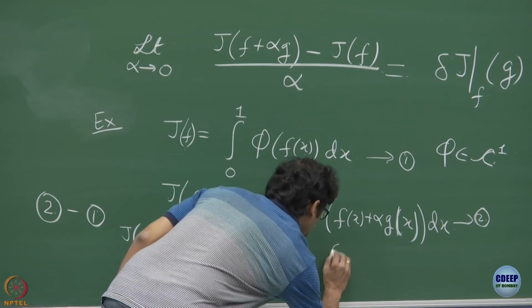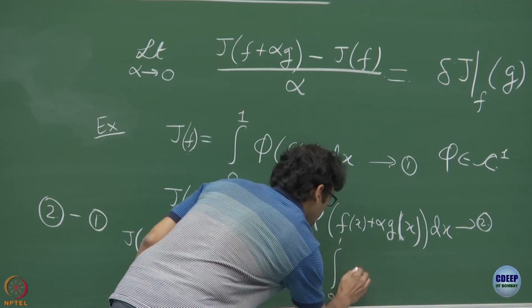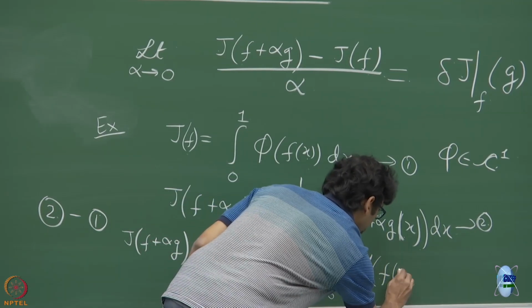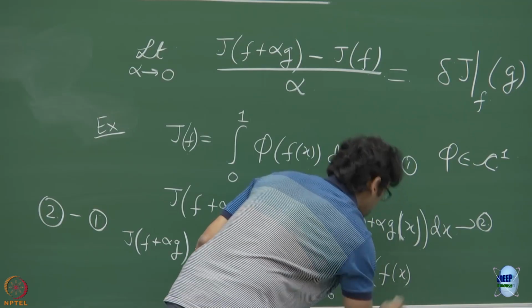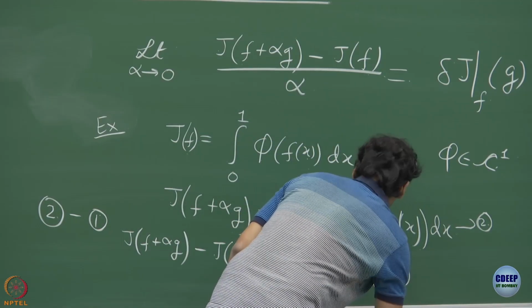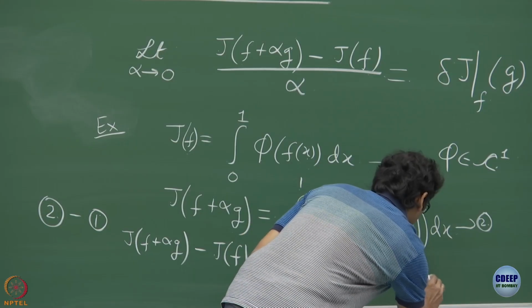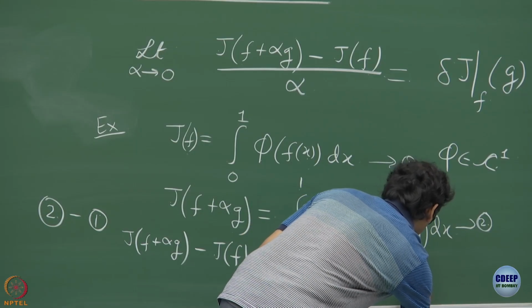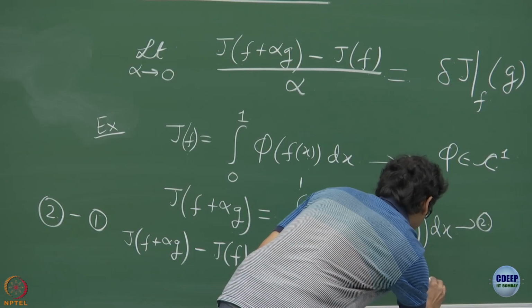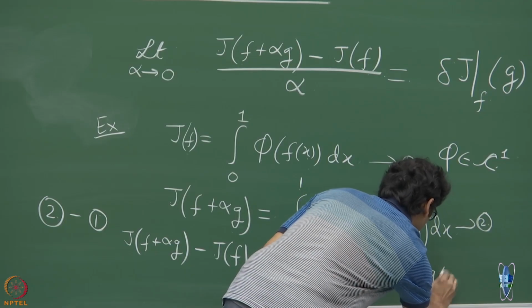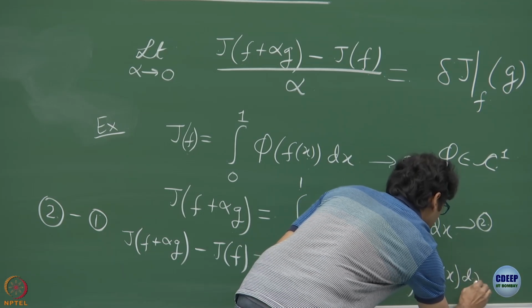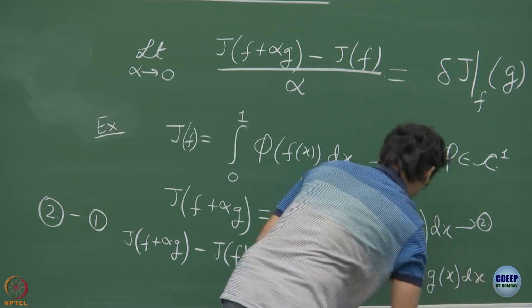So this is the integral from 0 to 1 of phi prime of f of x, g of x dx.